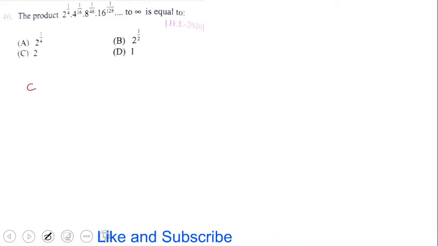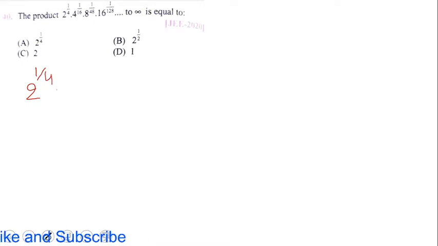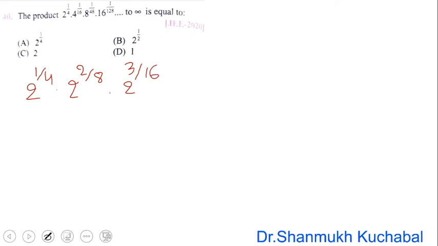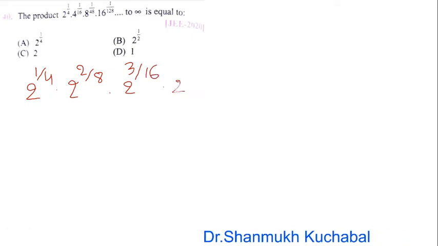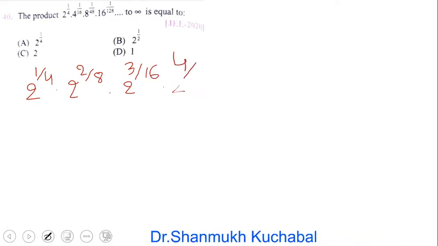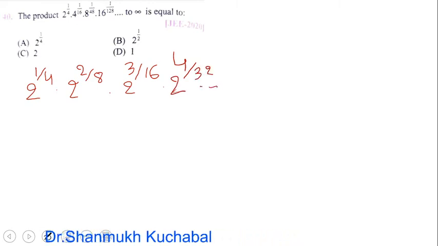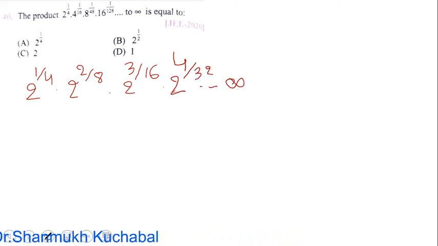So the given expression is 2 raised to 1 by 4 into 2 raised to 2 by 16, which can be written as 2 by 8. Next, 2 raised to 3 by 16. Next, 2 raised to 4 by 32, plus so on up to infinite factors.